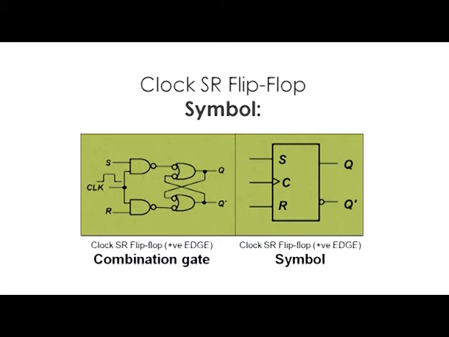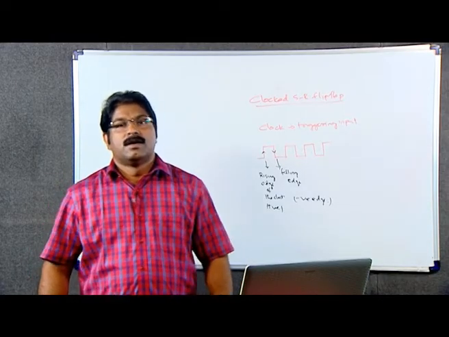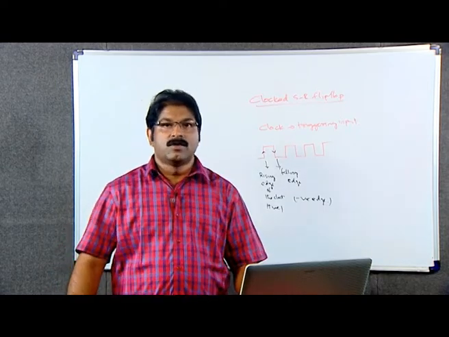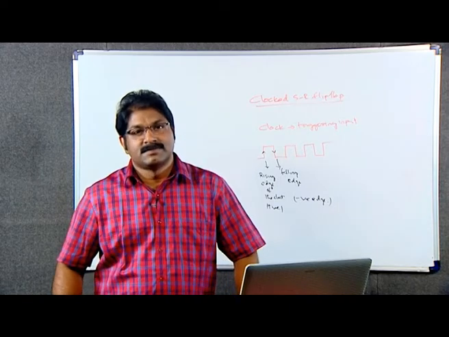In the symbol, you can see the additional terminal C, which represents the clock terminal. The clock terminal is given at the input by shorting 2 input terminals of the 2-input NAND gates. We will think about the other types of flip-flops and the truth table of this clocked SR flip-flop in a later session. Thank you.